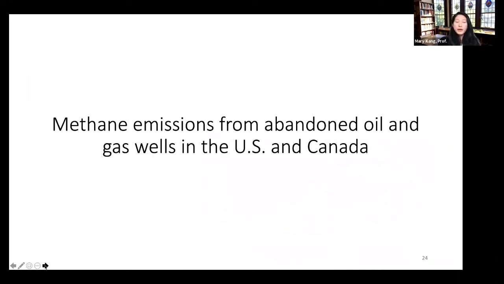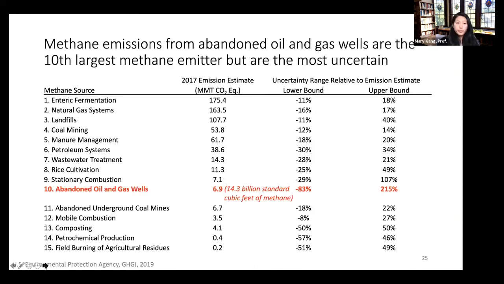So what does this all mean? How much methane is emitted from these abandoned oil and gas wells in the US and Canada? These are the anthropogenic methane emission sources in the US. The Canadian one is roughly similar.